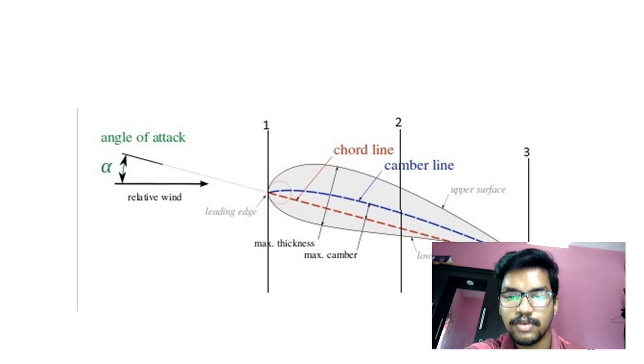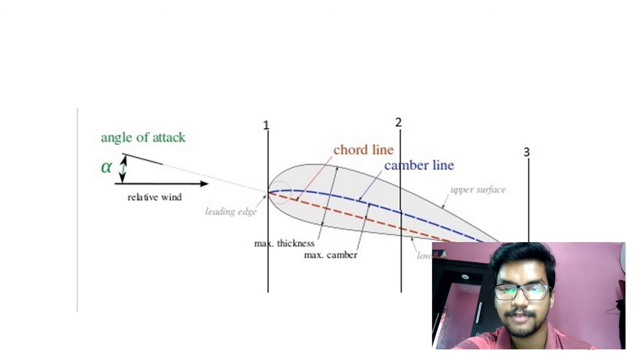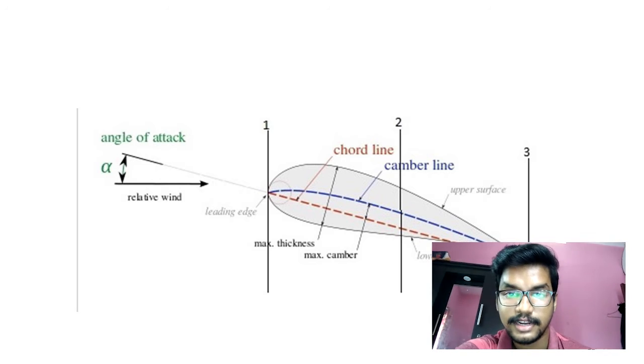Here, this aerofoil section is divided into 3 sections. The first section is at the leading edge, the second section is at the middle of the aerofoil section, and the third section is at the trailing edge.